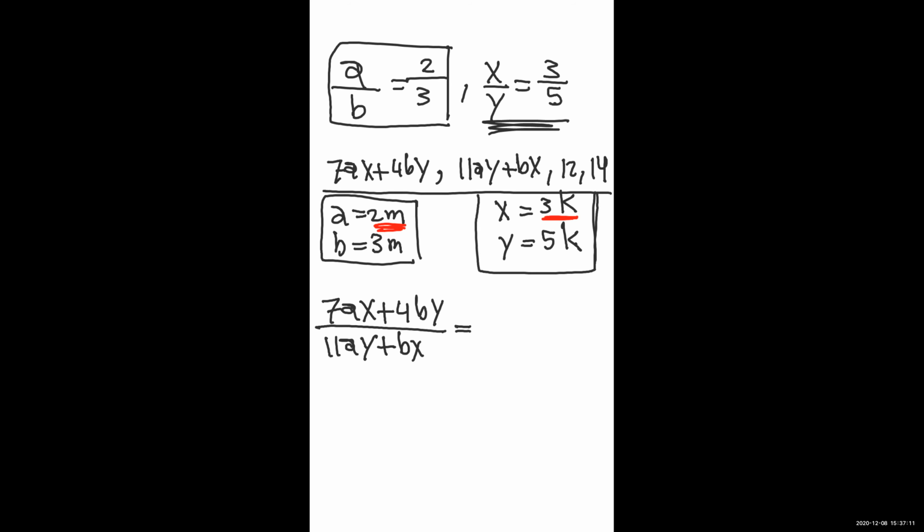So 7 times 2m times 3k. 7 times 2, 14. 14 times 3 means 42. So 42mk plus 4BY, B is 3m, Y is 5k. So B times Y, 3m times 5k, 15mk times 4, so 60mk.